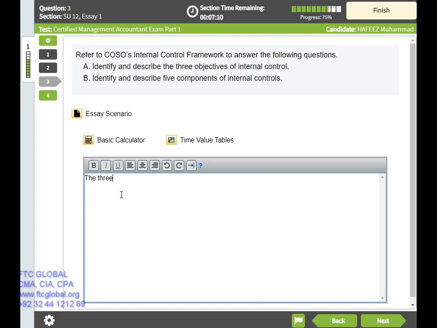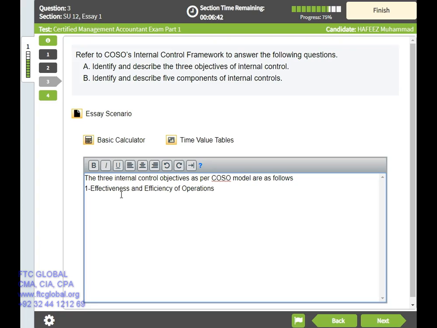The 3 internal control objectives as per the COSO model are as follows. First, effectiveness and efficiency of operations.